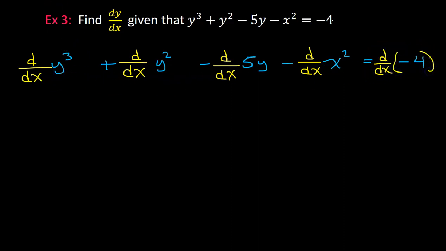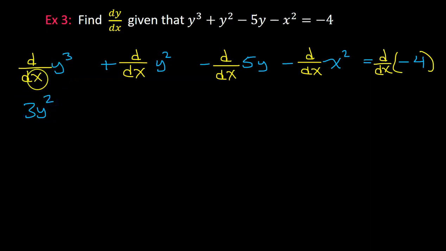All right, please remember that if we have a situation where the variables do not match, we're going to go ahead and do the derivative, in this case with respect to y. In other words, just use your power rule, and you're going to get, in this case, 3y squared.